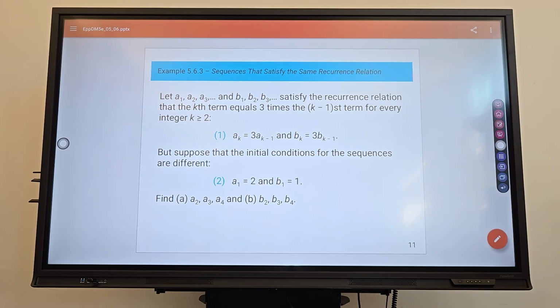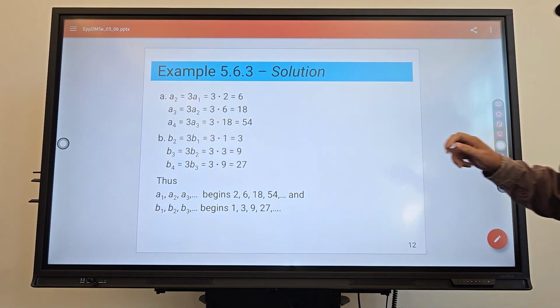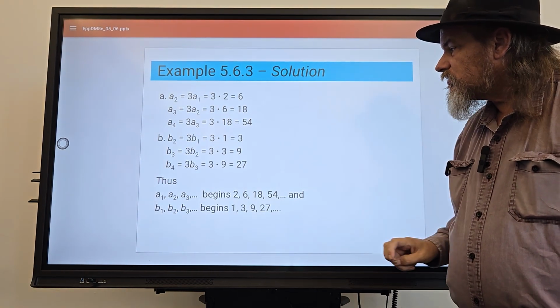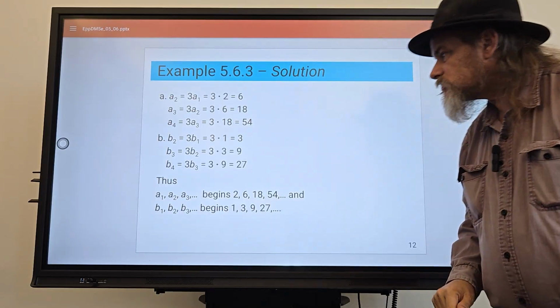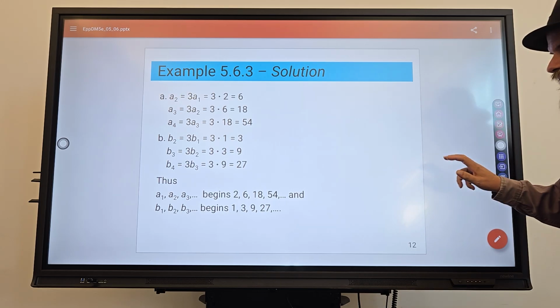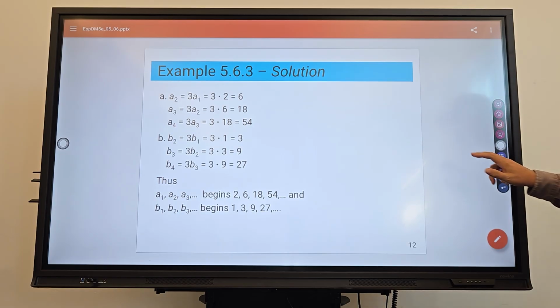Now suppose the initial conditions for the sequences are different, that A sub 1 equals 2 and B sub 1 equals 1. Well, the sequences follow different paths because of the different initial conditions: 6, 18, 54 versus 3, 9, and 27. So the sequences are different even though they have the same recurrence relation.